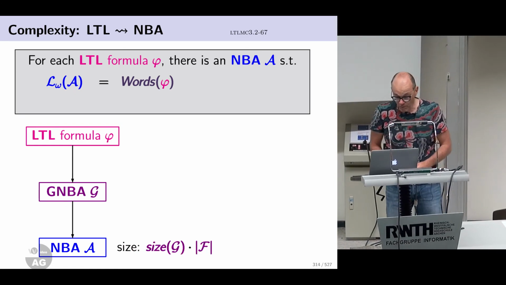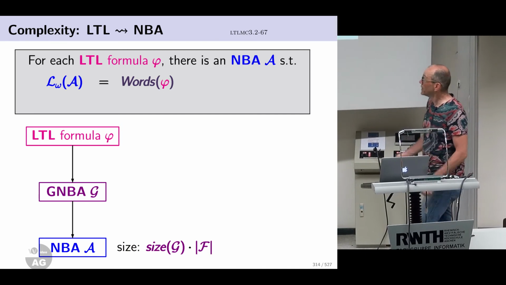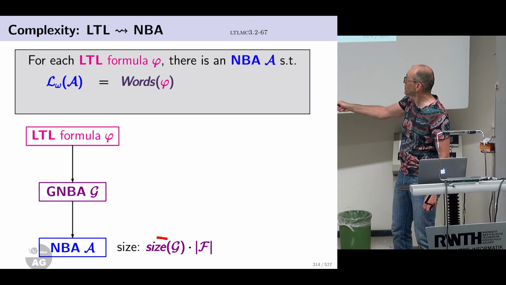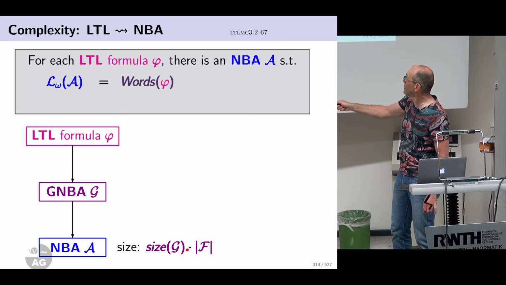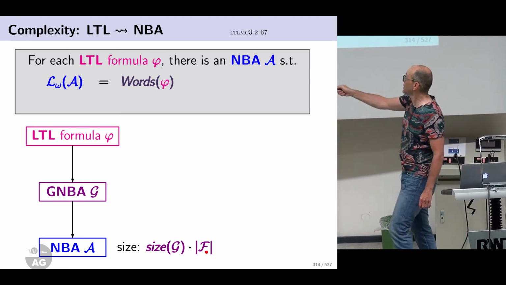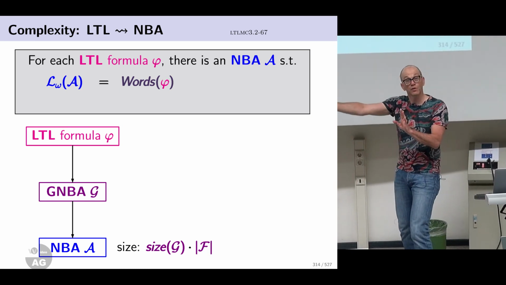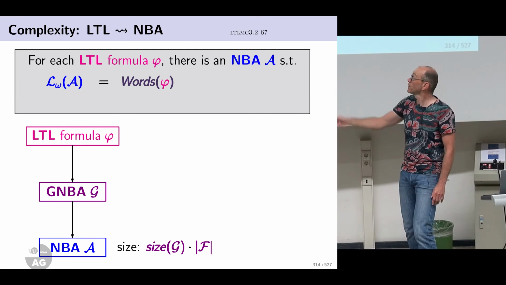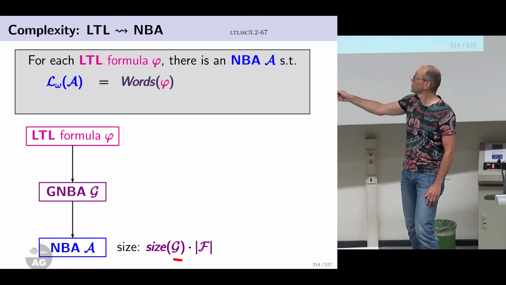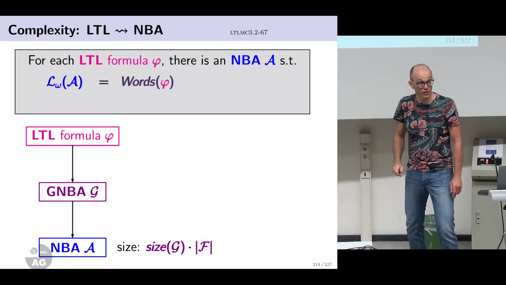So what's the complexity? Now this NBA, the size of this thing is something like the size of the GNBA times the number of accept sets. Why do we get this number of accept sets? This is because of the copying. If the number of accept sets here is 8, we make 8 copies, and that's why this automaton is 8 times the size of the GNBA.